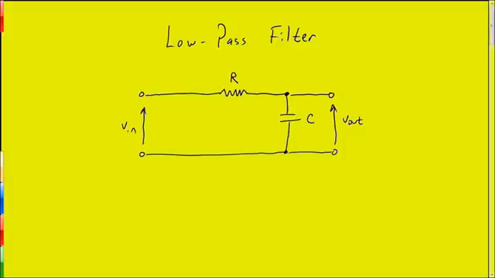Now, there are perhaps easier ways to analyze this, but we're going to go back to the basic mathematical definition of capacitors and resistors. You know, for example, that for a purely resistive load, V equals IR. In our case, we're going to define the voltage across the resistor as V sub R. So we'll say that V sub R equals I sub R, the current going through the resistor, times the resistance.